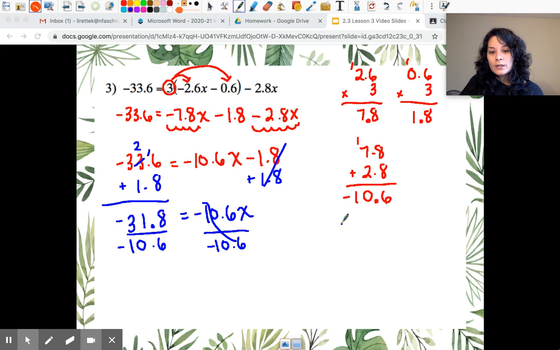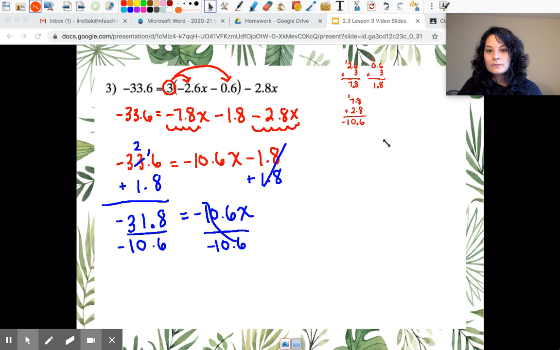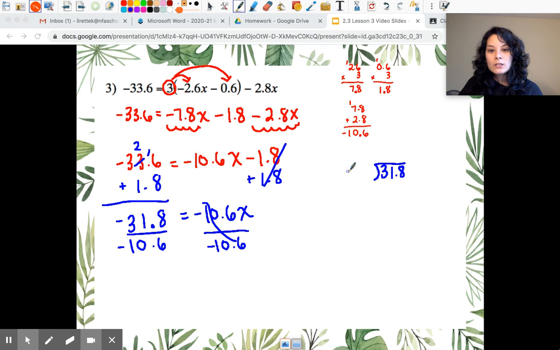So the 31, actually let me erase some of this so I've got a little more space. I'll shrink it. I'm going to put the 31.8 inside my long division. The 10.6 goes at the door.